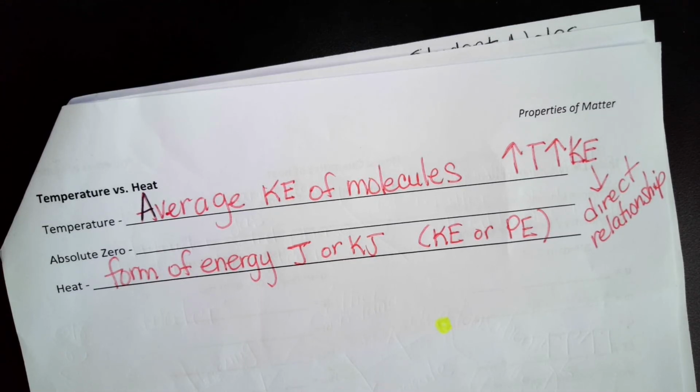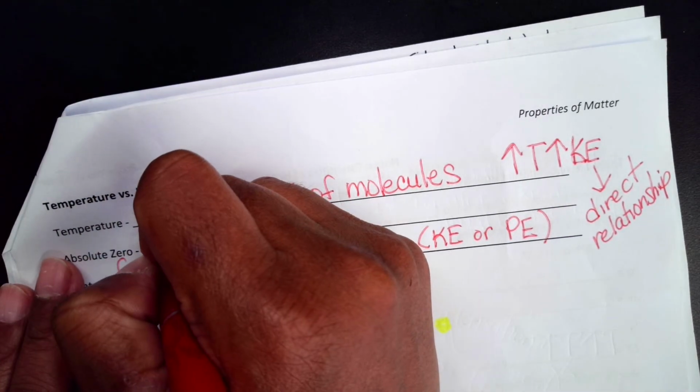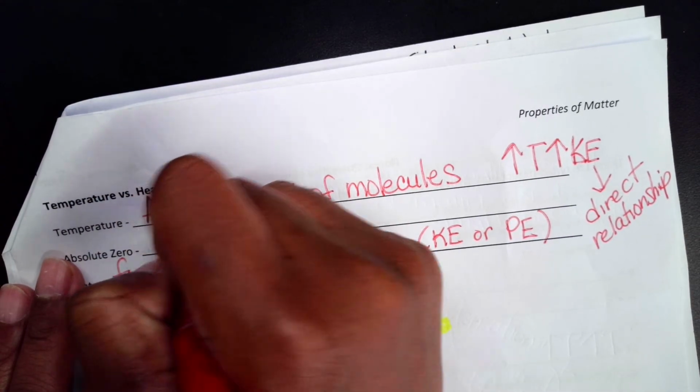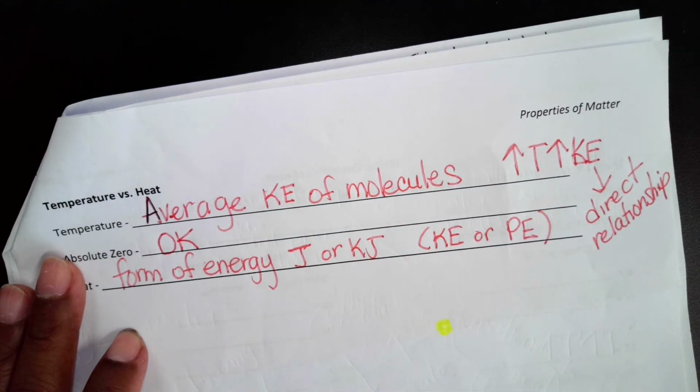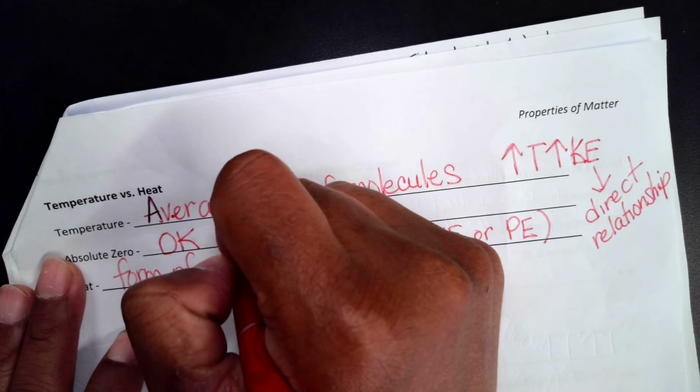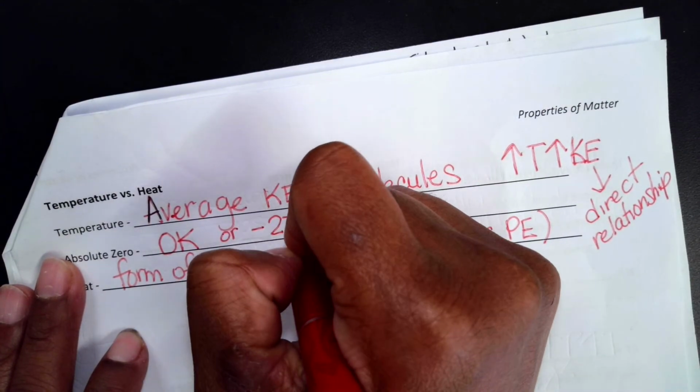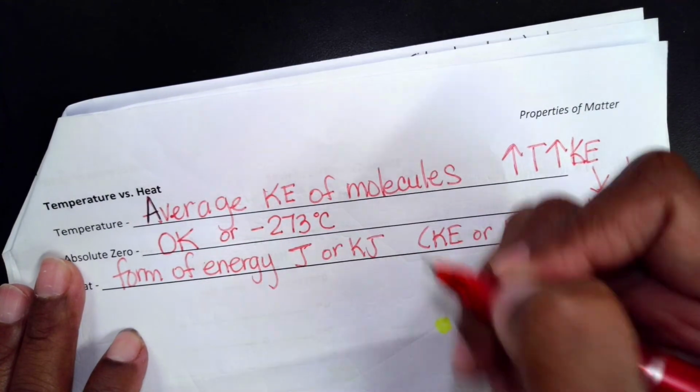And absolute zero. So everyone has heard of Celsius, you've heard of Fahrenheit. In chemistry, there's another temperature unit called Kelvin. So we use the Kelvin scale a lot in our problems. So absolute zero is 0 Kelvin, which is a capital K, or negative 273 degrees Celsius.